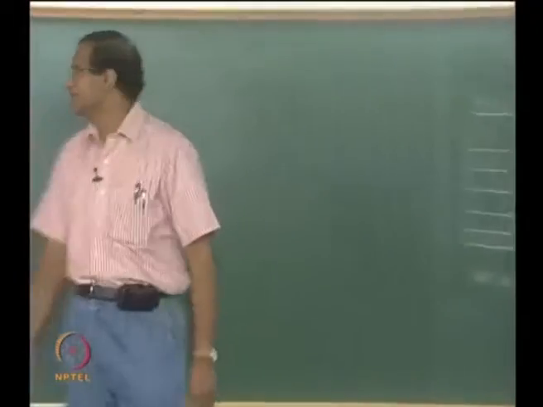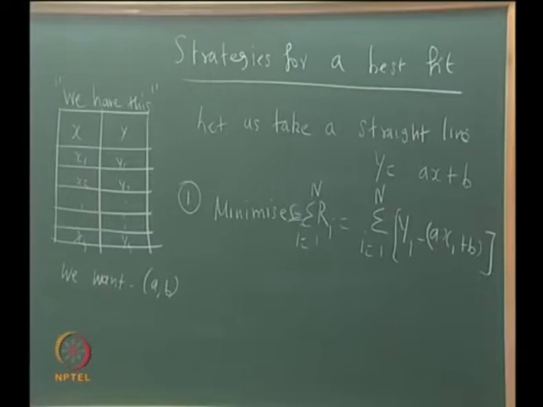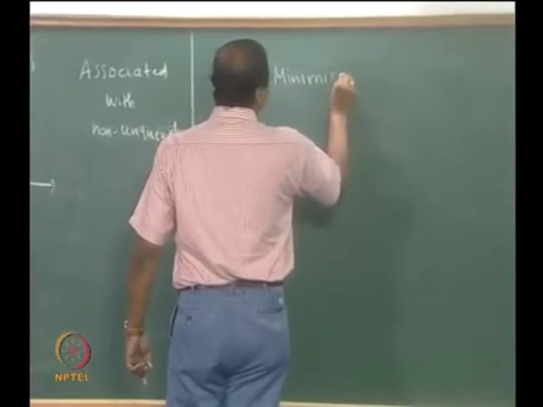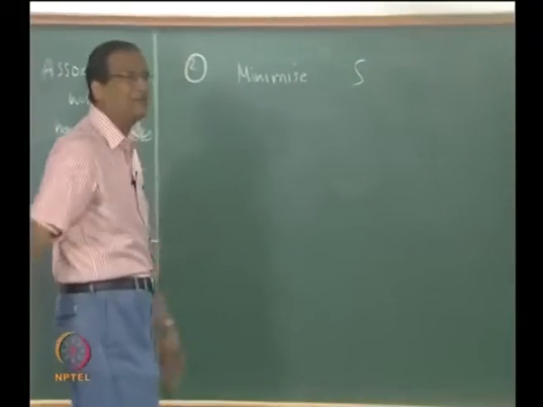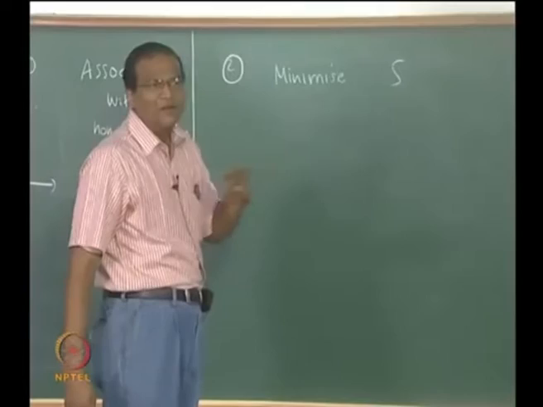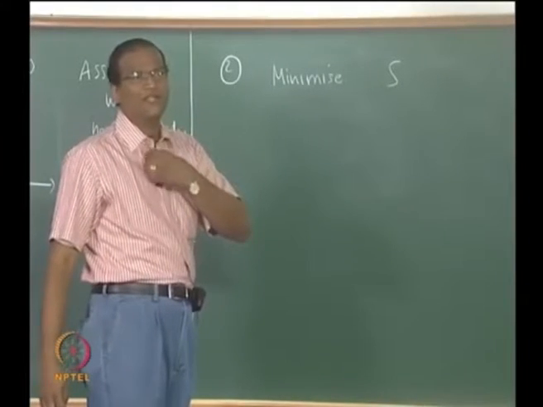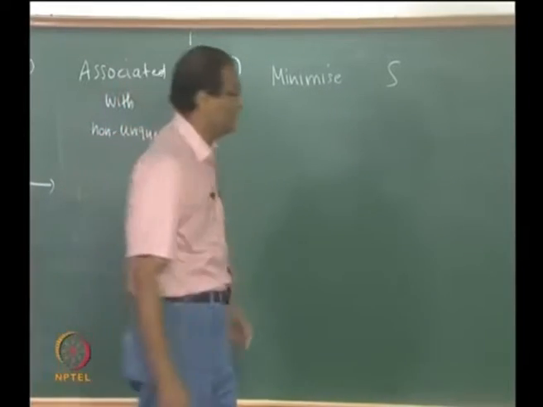fails. Strategy number 2, can we get a little better? Minimize. See, I am putting a general notation. S is the sum of the residue. S is a terminology or a symbol frequently used in statistics.